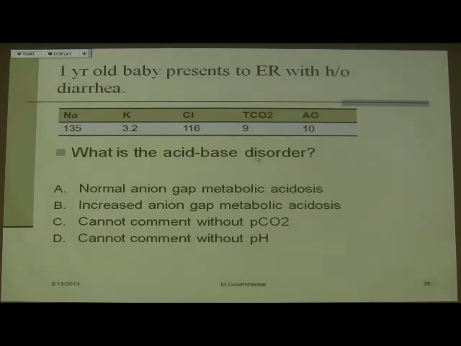So now we are going to look at our baby again. So what's the acid-base disorder when he first presented? Okay.